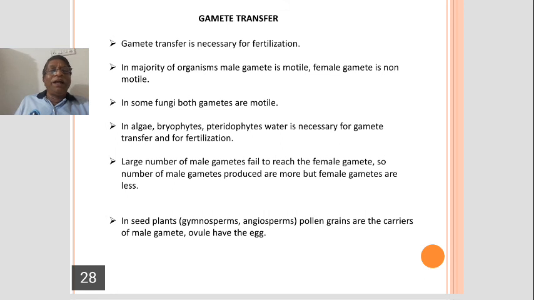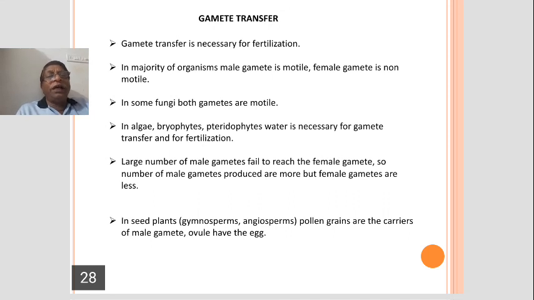Because of this reason, the number of male gametes produced are more when compared to the female gametes. It means male gametes are formed in large number, the female gametes are formed in less number. Very important, notable point.